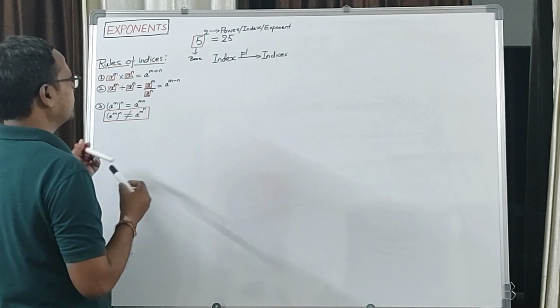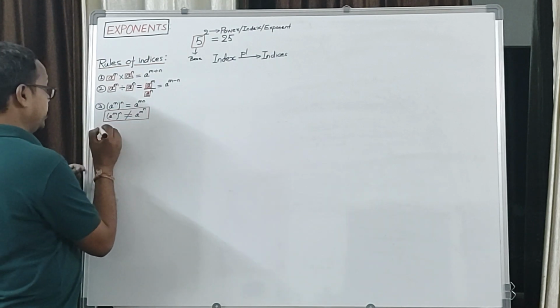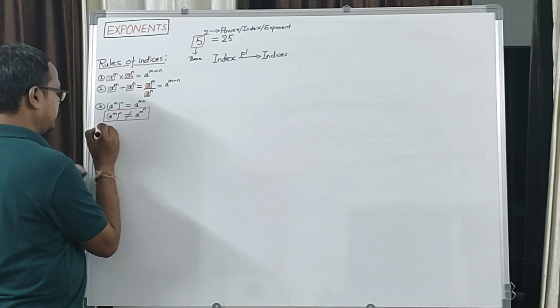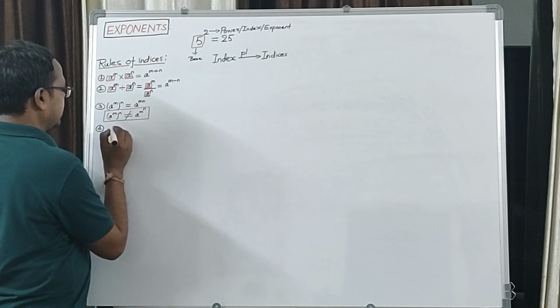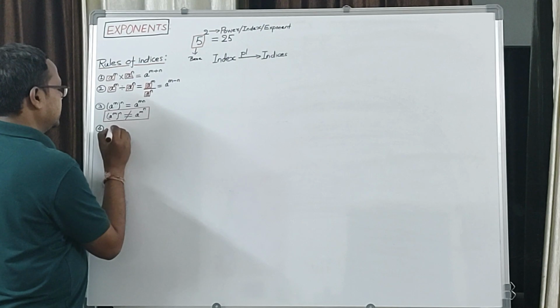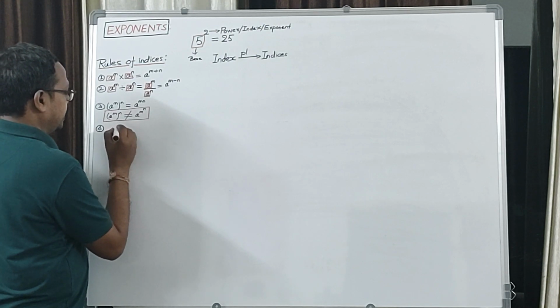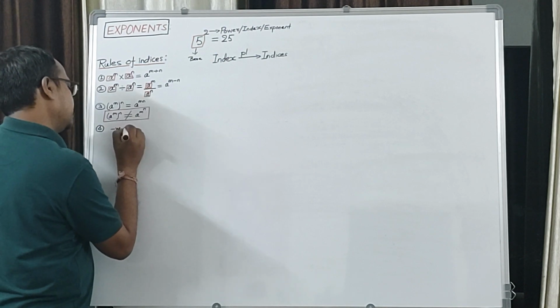So is there any more rule according to that? Yes, we do have. What that rule says, for example, it says that there is a negative number, okay?